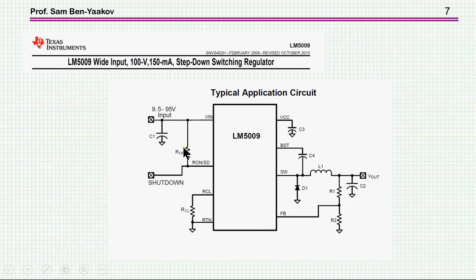Now, here, this is a resistor that actually sets up the relationship between the T on time and V in. So it's internally controlled. Then there are some other connections here. This is just for the bootstrap. And here we have just the VCC, of course. And this is for setting the current shutdown for overcurrent protection.